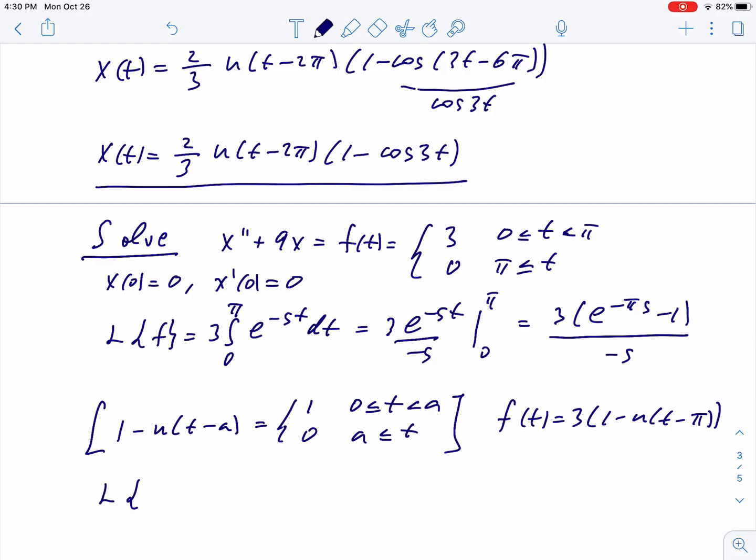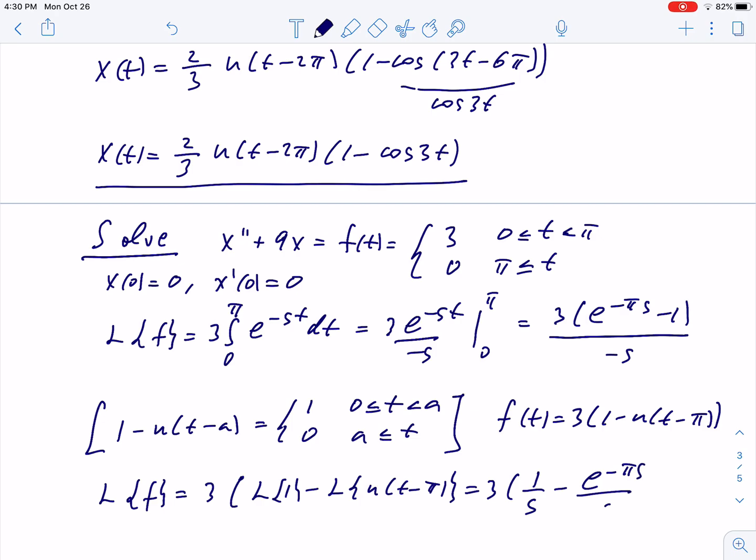Laplace of f will be 3 times Laplace of 1 minus Laplace of u(t minus pi). This will be 3 times (1 over s minus e to the negative pi s over s). That's the same thing we have here.